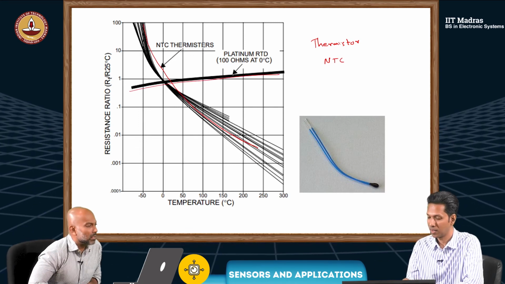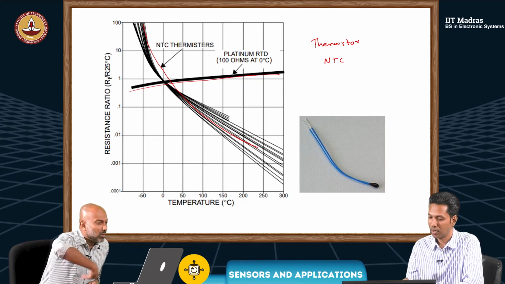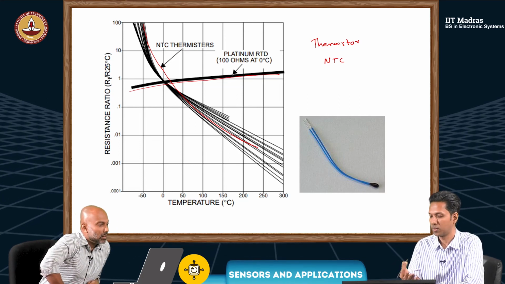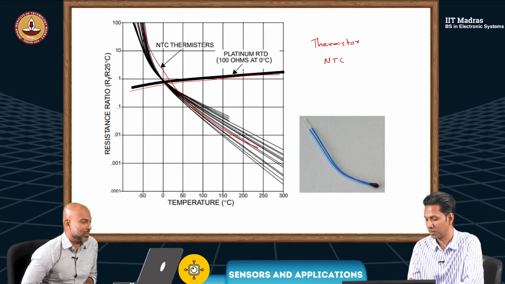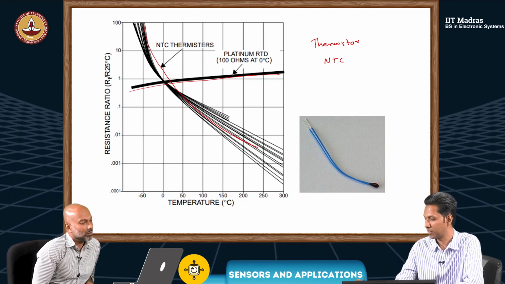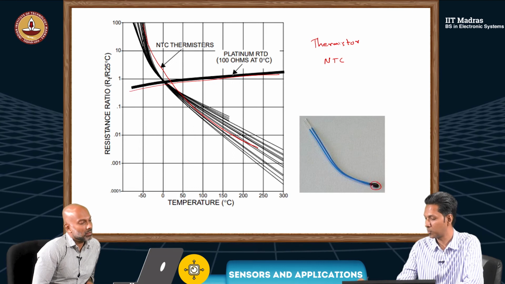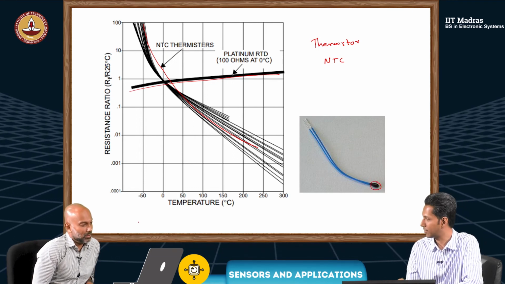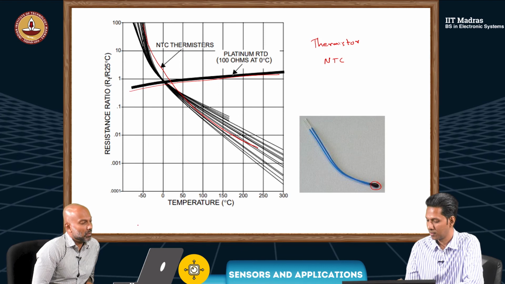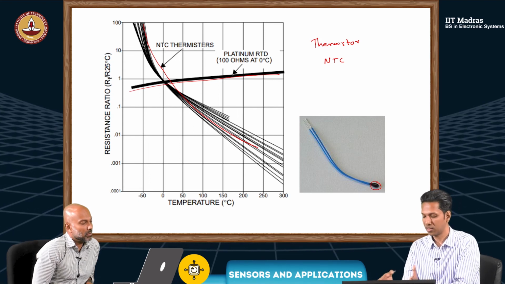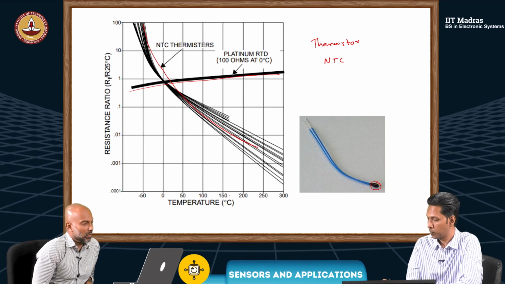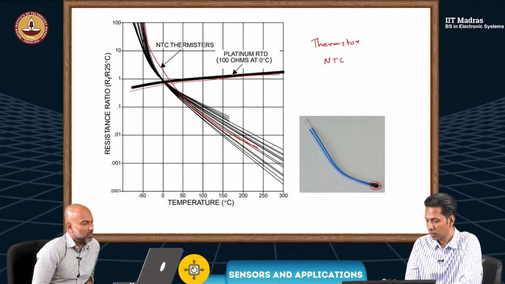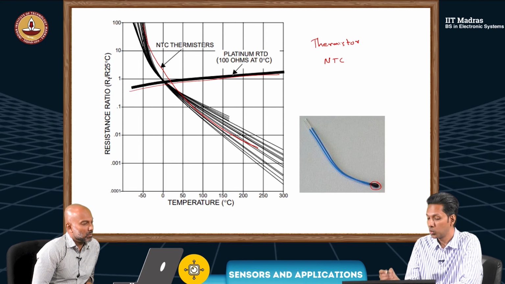And what are these different curves for? I think they are provided for different types of thermistors, what they're selling. This is one of the pictures: a thermistor and its wire. Essentially, the range is not that great, but the sensitivity is very high.